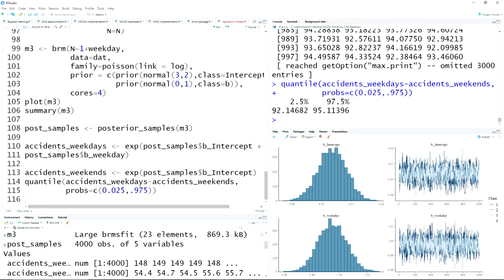So this number shows you the actual difference in road accidents, the actual difference of the parameter lambda between weekdays and weekends. It's not on the log scale anymore; it's the actual scale of the parameter lambda, which is the underlying rate of road accidents. This is called back transformation.